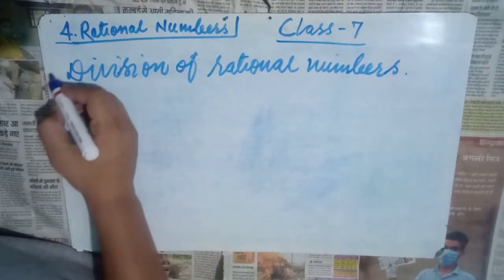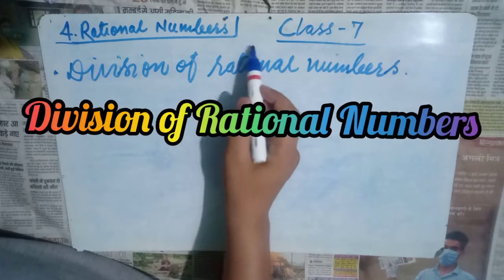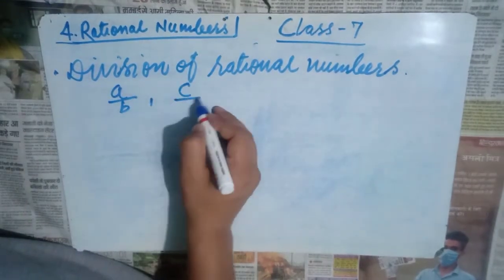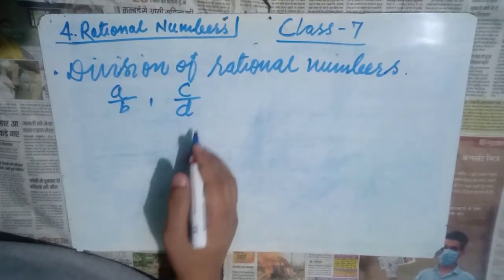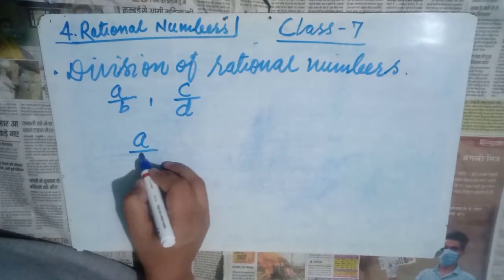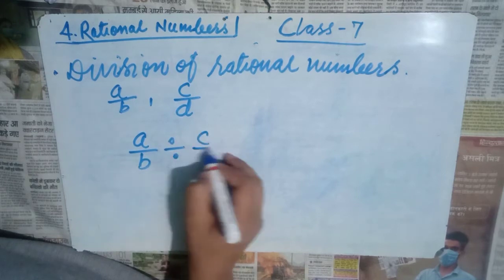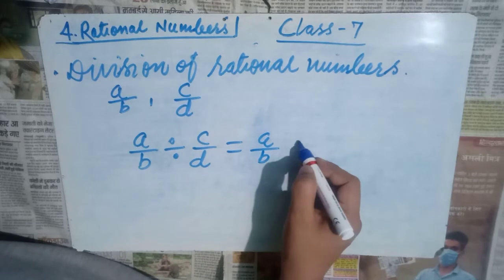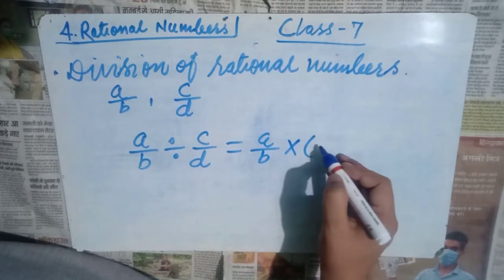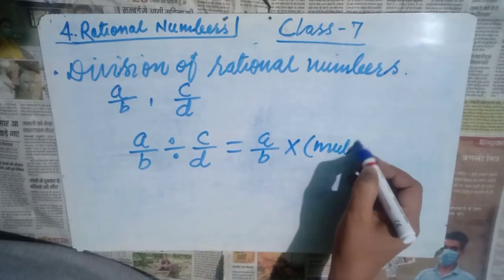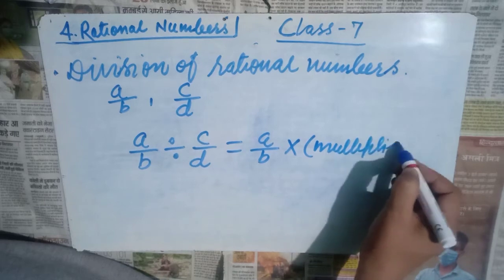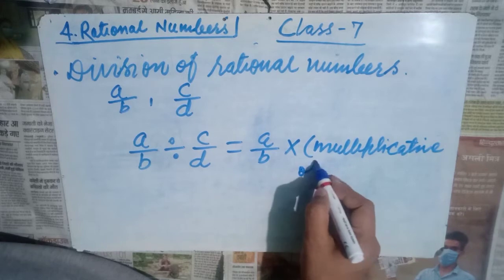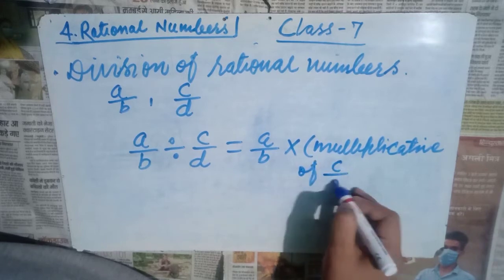Now see, friends, next point, division of rational numbers. Suppose a by b and c by d are two rational numbers, then we define a by b divided by c by d as a by b multiplied by the multiplicative inverse of c by d.